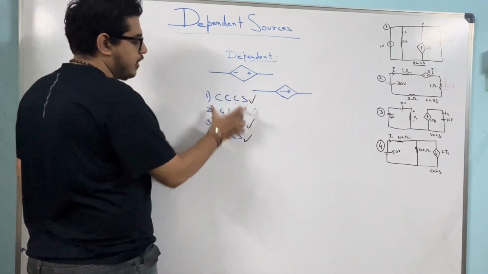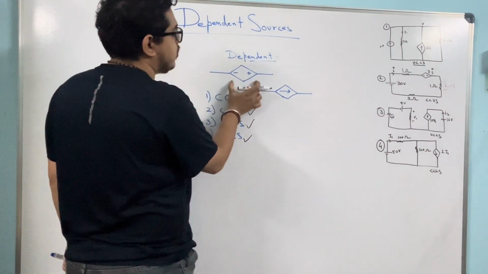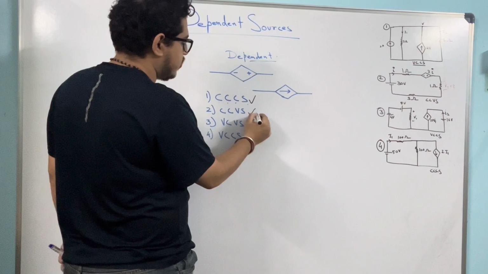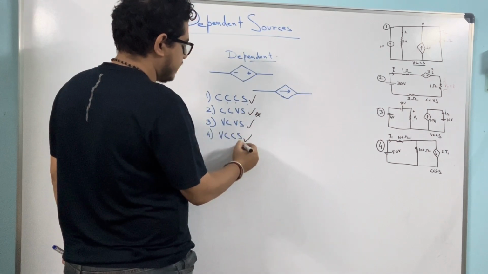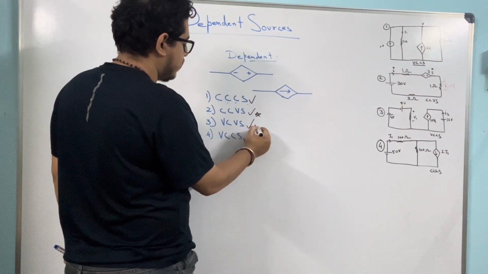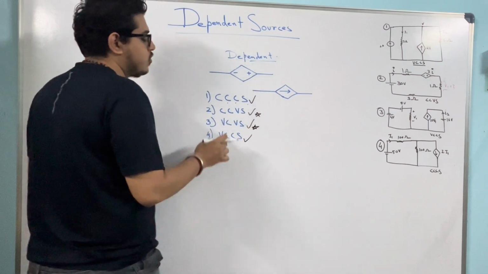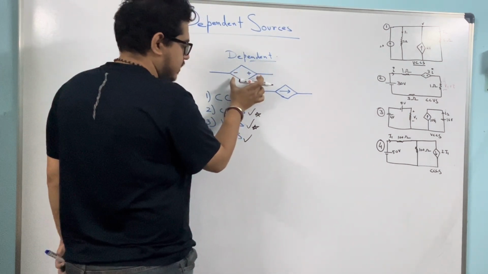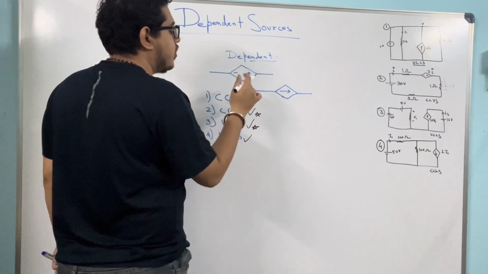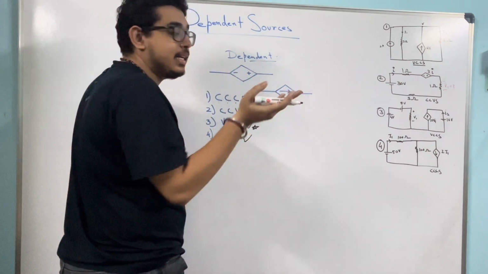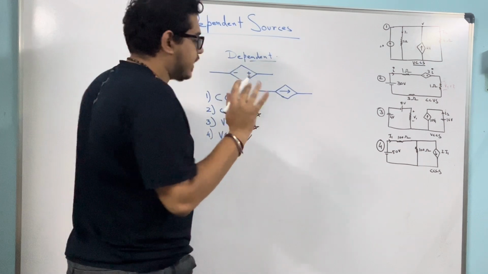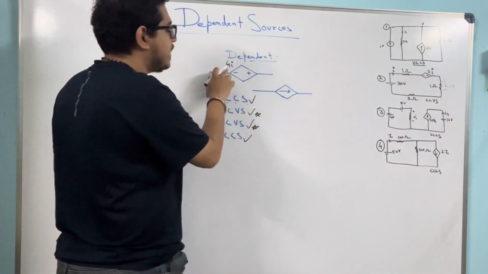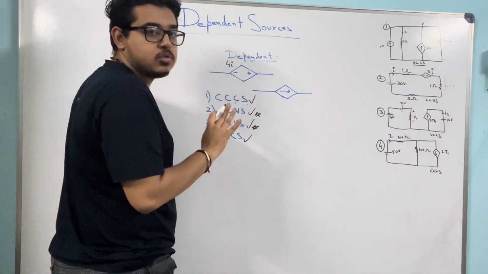So what is the meaning of these things? Okay, so suppose these 2 cases can be implemented, these 2 are voltage sources. So if the value of this battery depends on some value of current in other part of the circuit, suppose this is 4I1, so this is a current controlled voltage source.